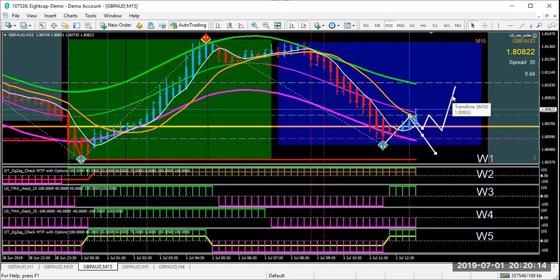Okay, so let me just get rid of some of these zigzag lines, which I think we've probably taken the information we wanted from. So okay, there.